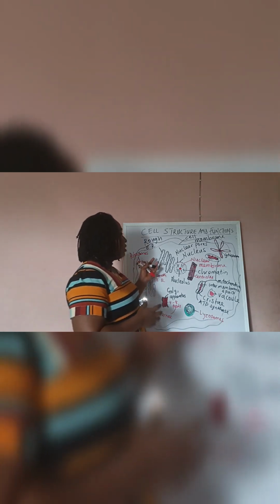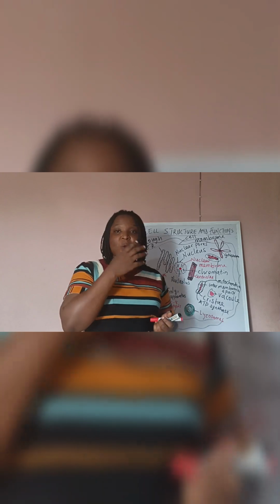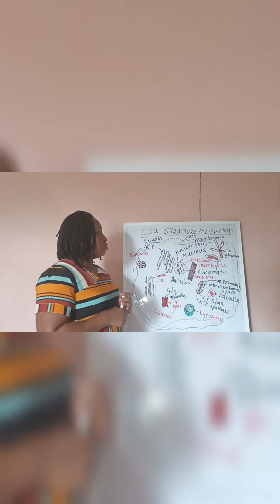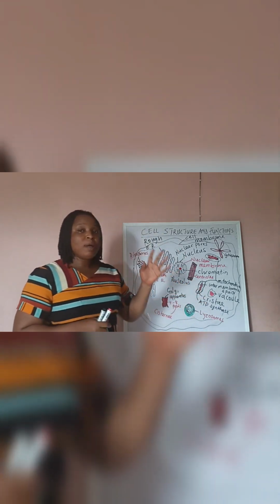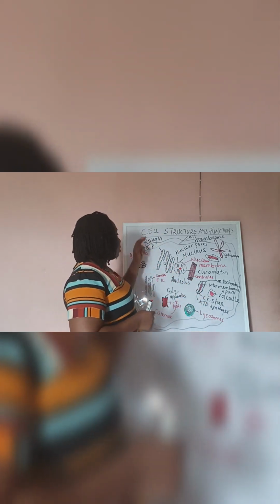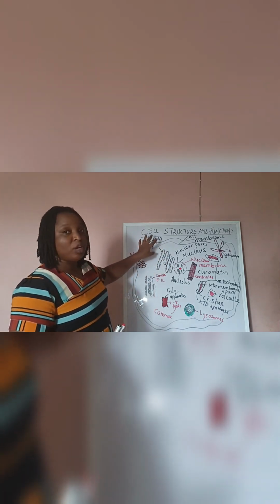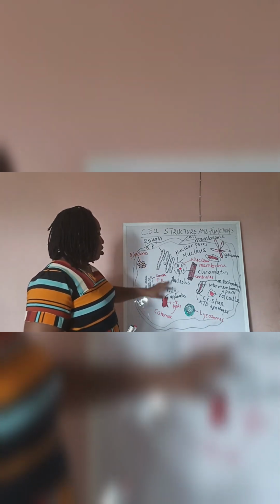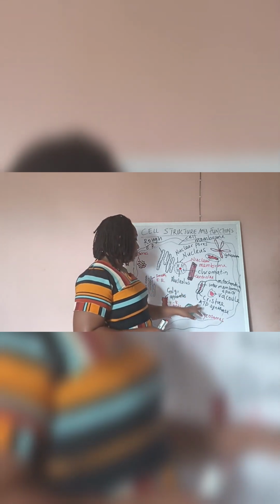So from this we can differentiate between a plant and animal cell. We can know the similarities, and we also know the differences. We are going to be talking about the similarities first. Organelles that are common to both plant and animal cells are the cell membrane, nucleus, the endoplasmic reticulum, that's the rough and smooth endoplasmic reticulum, ribosomes, the Golgi apparatus, and the mitochondria.